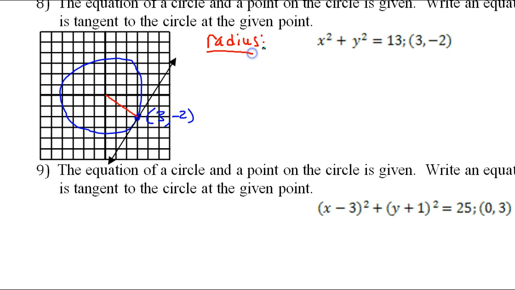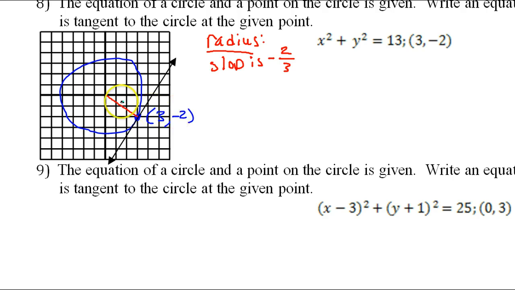For the radius, the slope is, we're doing rise over run. See how this is down 2 over 3? So I'm saying the slope is negative 2 over 3. I'm just looking at rise over run.